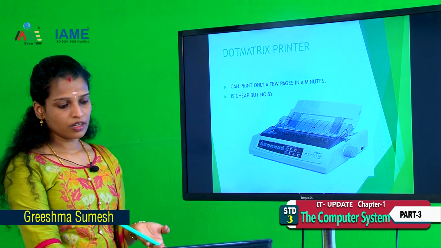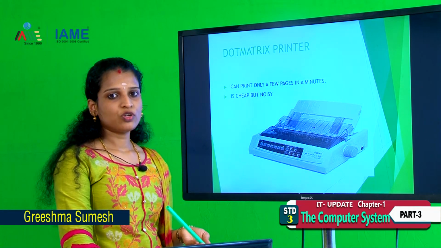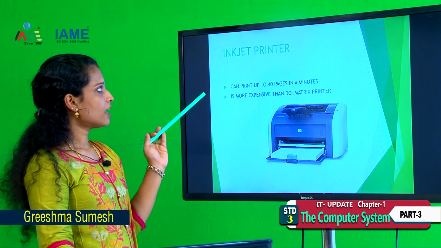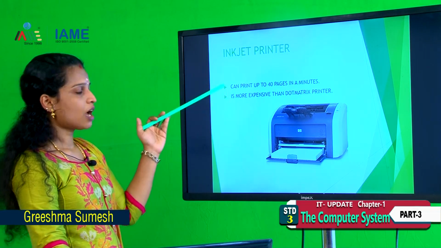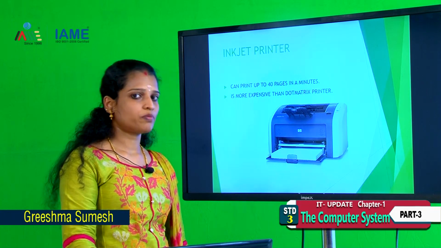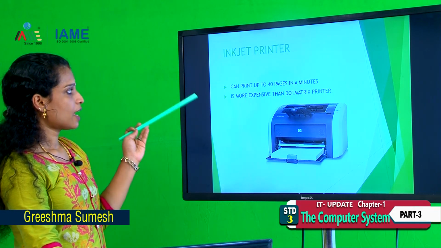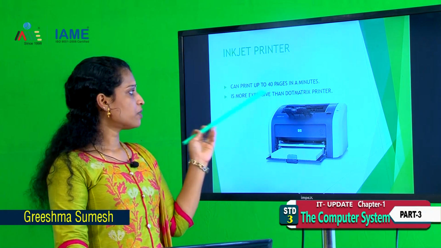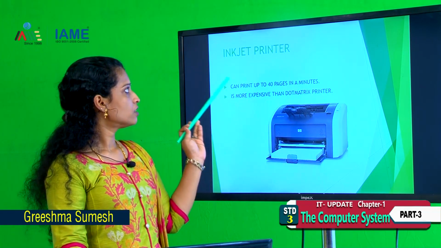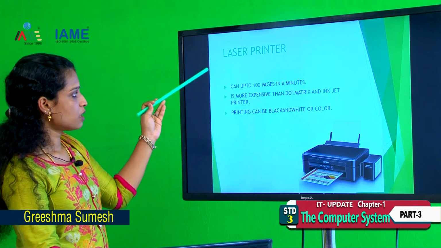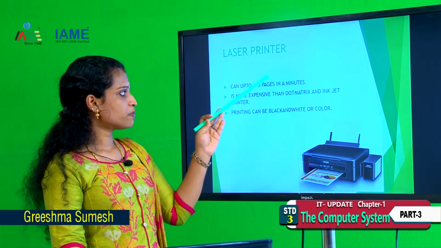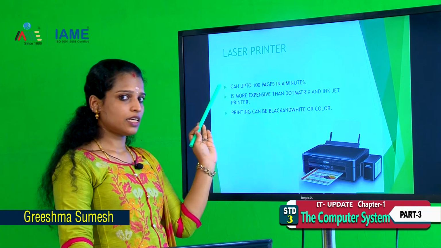Dot matrix printer can print only a few pages in a minute, is cheap but noisy. Inkjet printer prints up to 40 pages in a minute, is more expensive than dot matrix printer. The laser printer can print up to 100 pages in a minute, more expensive than dot matrix and inkjet printer.